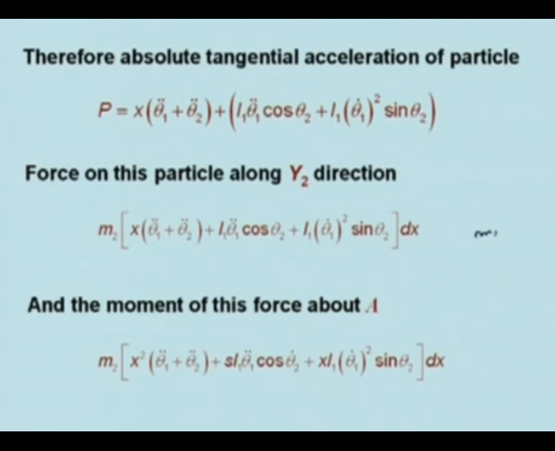So m2 dx is the small mass, where m2 is the mass per unit length, or it can be a function of x. And the moment of this force about A is obtained by multiplying by the perpendicular distance x, so it becomes m2 x square (theta 1 double dot plus theta 2 double dot) plus x L1 theta 1 double dot cos theta 2 plus x L1 theta 1 dot square sin theta 2, into dx.